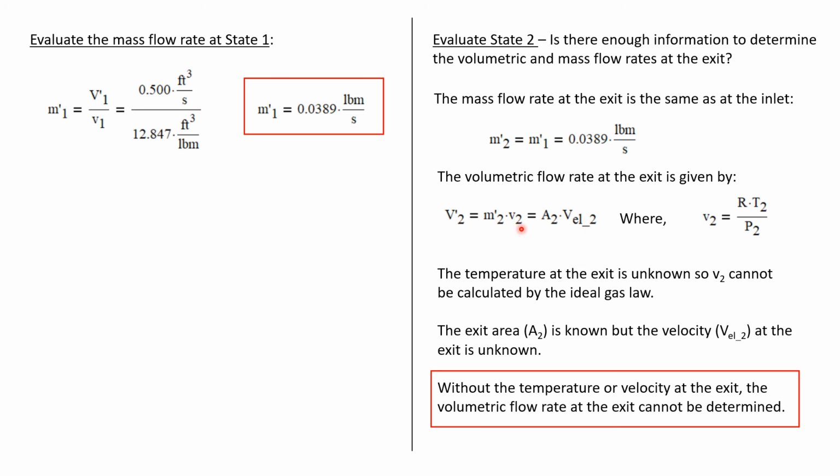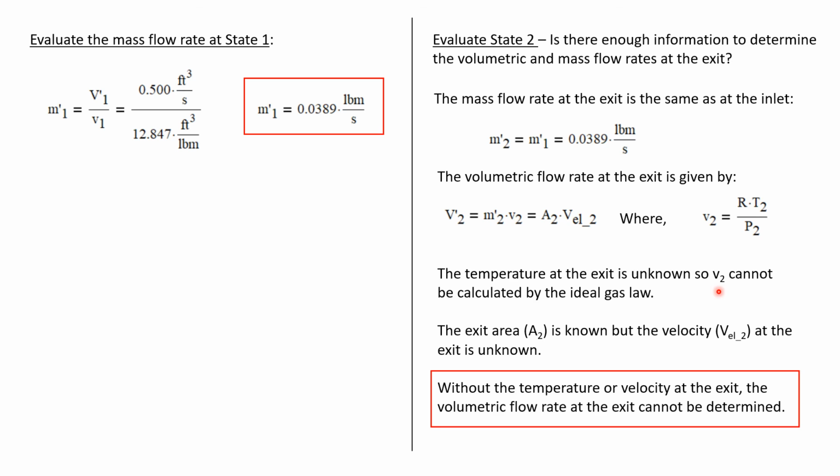Well, let's look at this first expression, the mass flow rate times the specific volume. We know the mass flow rate. Do we know the specific volume? Well, not yet, but we could use the ideal gas law to calculate it. It's just the specific volume is RT over P. We know P2. The problem is we don't know T2. So the temperature at the exit is unknown.